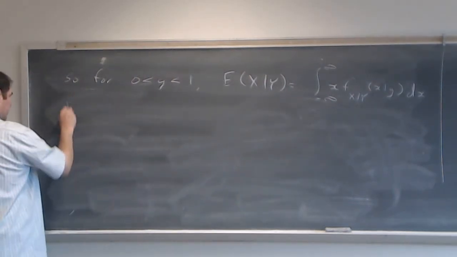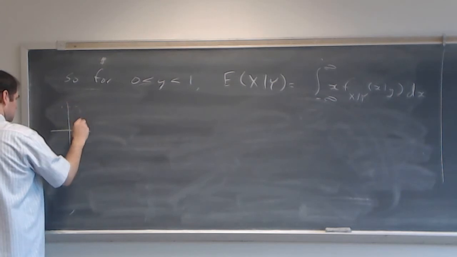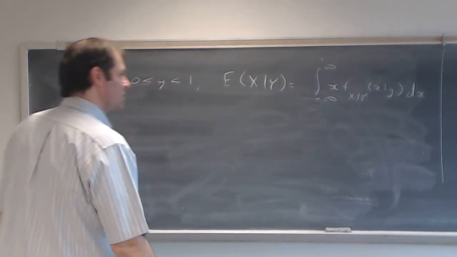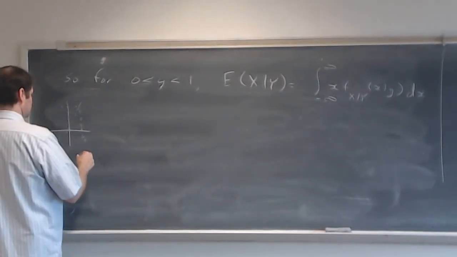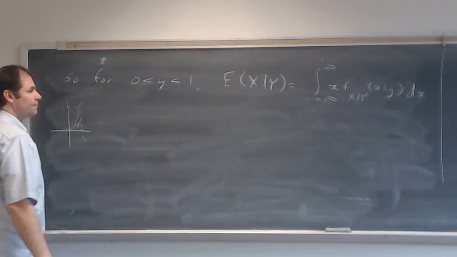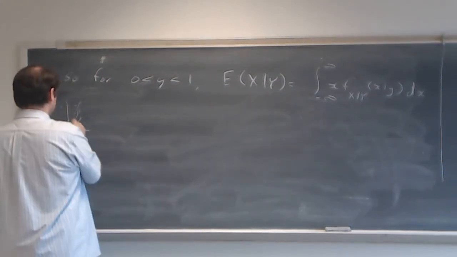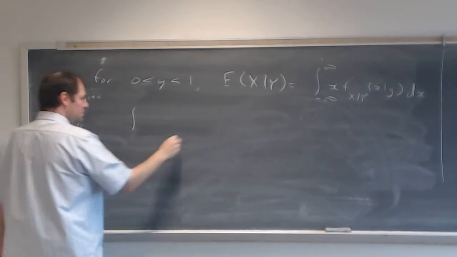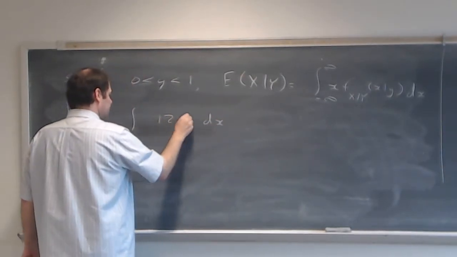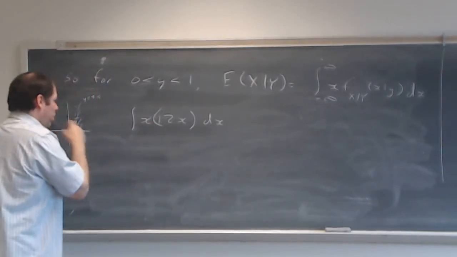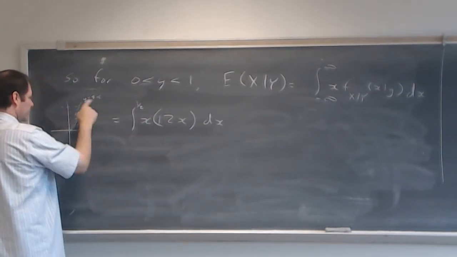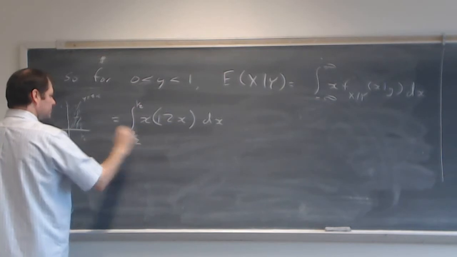The spot where it's not 0, the y's are less than the x's, so it's this region. For any one of these y values, our interval comes from y equal to 2x. We're integrating with respect to x, up to 1/2, starting at x equal to y over 2.